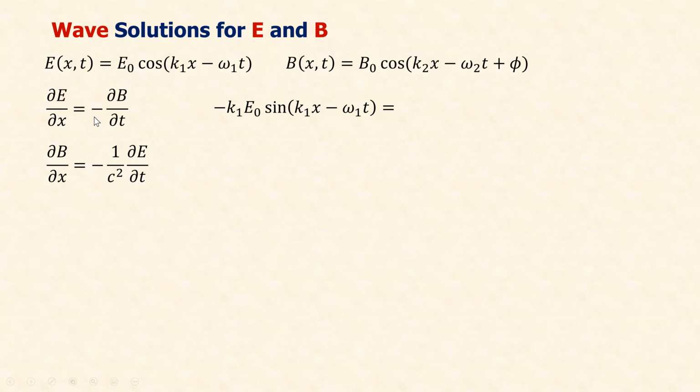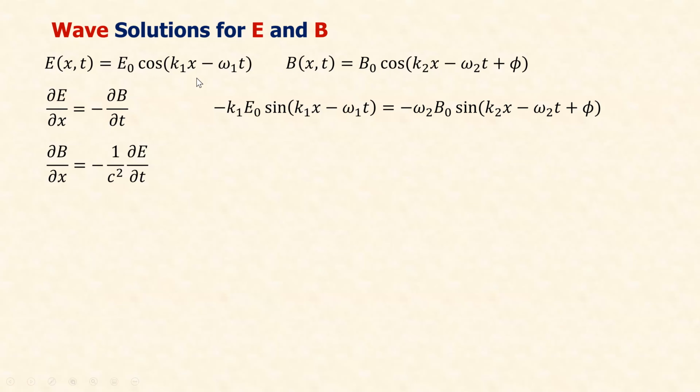And then that should be equal to the negative rate of change of B with respect to T, okay? If you take the derivative with respect to T, it gives you negative omega 2, and there's a negative here also, so the three negatives become negative, and then B naught omega 2 times sine of (K2X minus omega 2T plus phi).